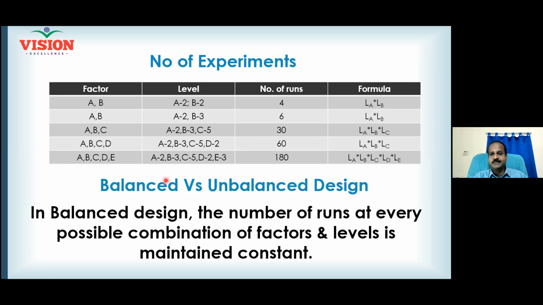What is balanced design? For every combination of the factors, I will have the same number of runs. Every possible combination, the number of runs is fixed. That is balanced. If I don't keep it, then that is unbalanced. Of course, Taguchi's is a kind of unbalanced because he only runs selected experiments, not everything, right? So we'll see that. So you need to understand the difference.